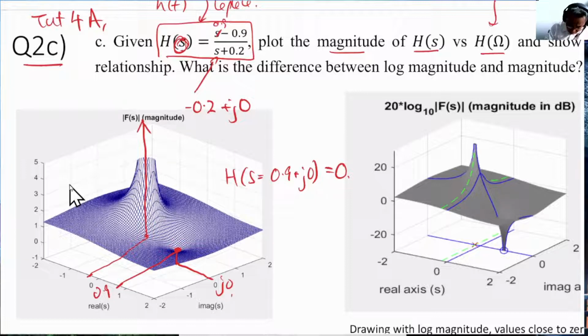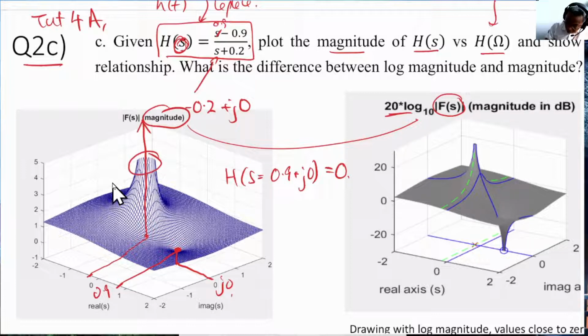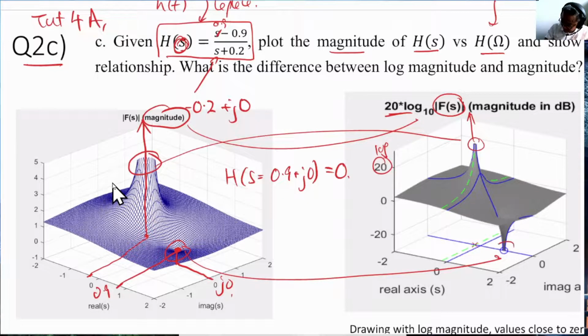Now, you will realize that it is not very easy to visualize this surface in magnitude. Typically, we prefer to visualize it in log scale, log magnitude. So the infinity becomes a sharp point, and here is the log scale, and the 0 becomes a negative value along this vertical axis.